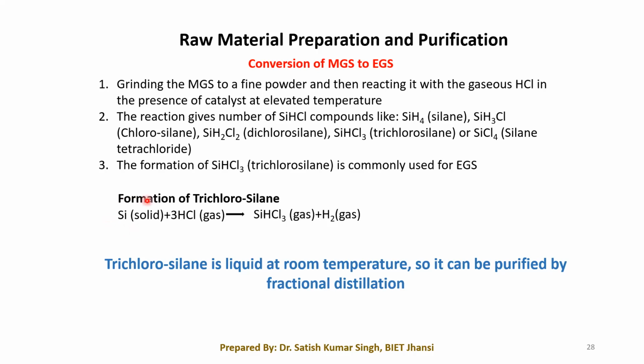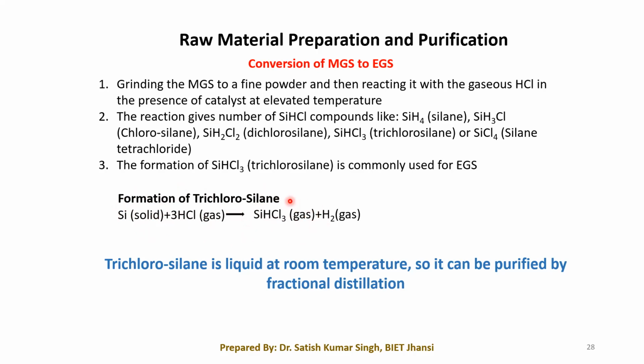Here we have written silicon solid; this silicon is your MGS, metallurgical grade silicon, which contains impurities and is 98% pure. It is converted into a powder and then reacted with hydrochloric acid. After this reaction, we get the product as trichlorosilane gas, SiHCl3.